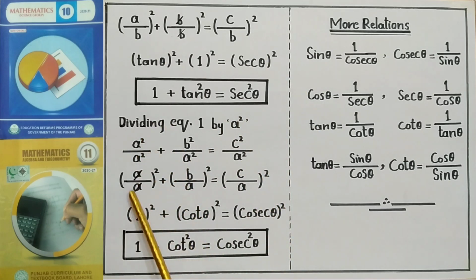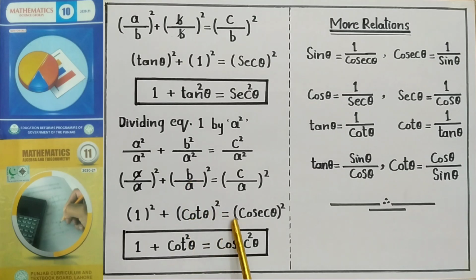A over A whole square plus (B over A) whole square is equal to (C over A) whole square. A is cancelled with A, 1 whole square plus base over perpendicular. Perpendicular over base is tan theta and base over perpendicular is the reciprocal of tan theta, that is cot theta.